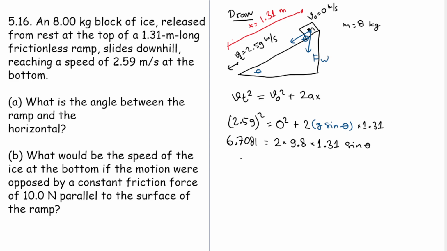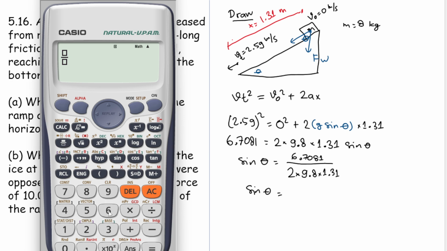We can isolate sine theta: sine theta equals 6.7081 divided by 2 multiplied by 9.8 multiplied by 1.31.